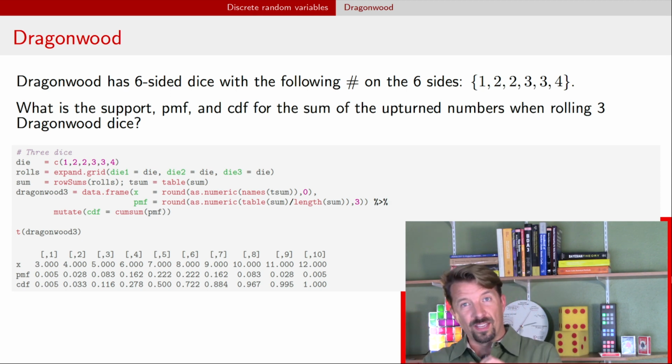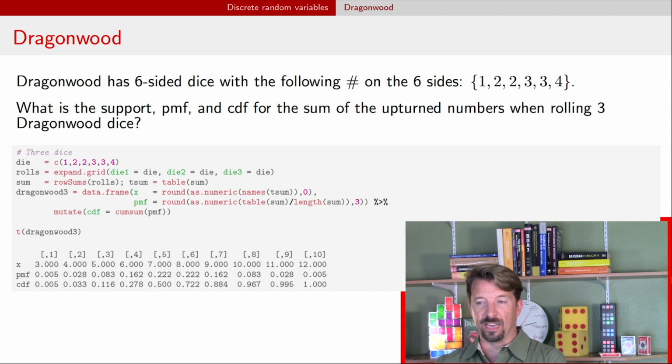And then we can do all those PMF calculations, and then the CDF, the cumulative distribution function, is just the cumulative sum of those PMF values. So for x equals 3, we have the same value, but then for x equals 4, we have the sum of the PMF for x equals 3 and the PMF for x equals 4.